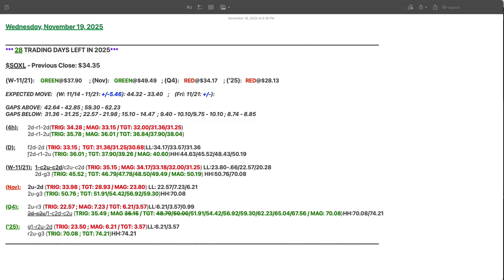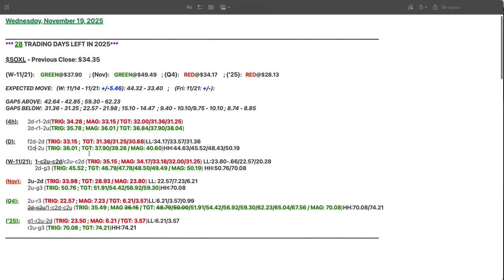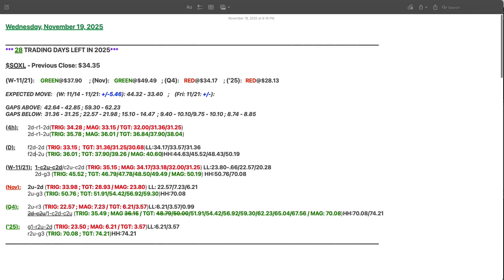Now to the upside, we would have a 2 down, 2 up, trigger at 36.01. The magnitude is 40.60 for that move. And I'm sorry, that's actually a 1, 2 down, 2 up. Something happened with my notes. Yeah, 1, 2 down, 2 up. I do know that these targets are correct.